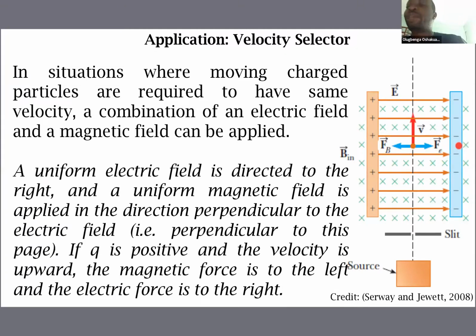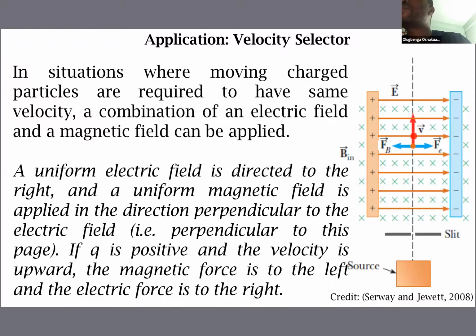The strength of the magnetic field B and the electric field E can be adjusted such that the magnetic force equals the electric force. When you are balancing electric force with magnetic force, you are balancing it for a certain velocity V. That velocity V of interest will go through this point.